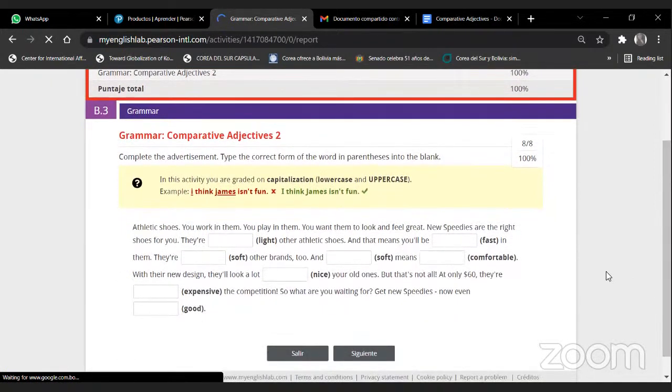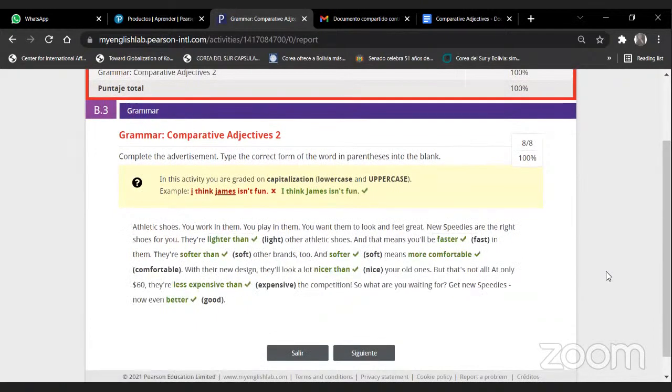So any mistake, and it is loading the answers. Great. Very good. Excellent. So how did you see this grammar? Was it complicated? What part did you see as complicated maybe?